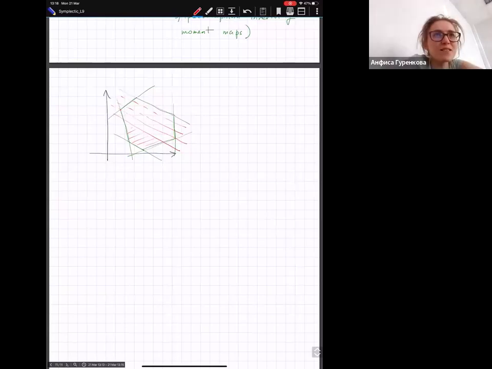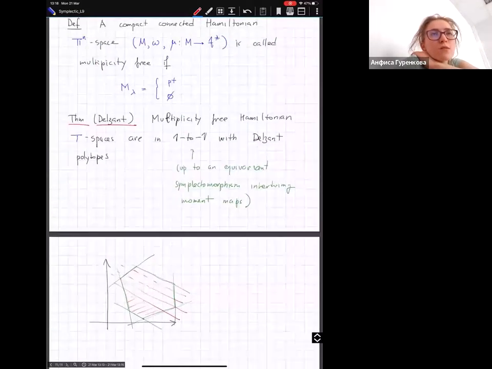Okay. And maybe another question. We have this one-to-one correspondence between these polytopes and this.